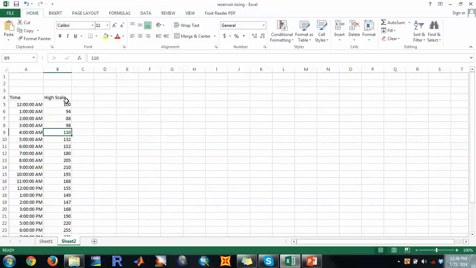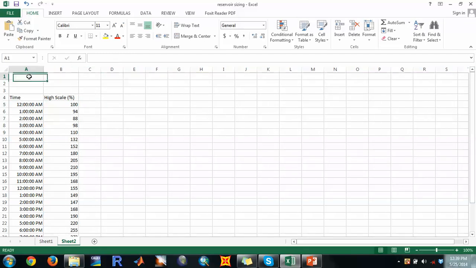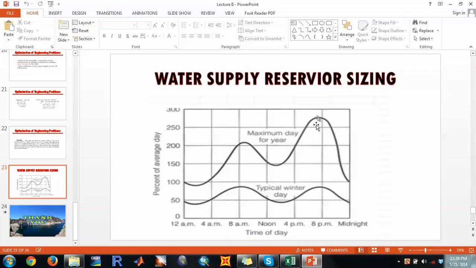This is in a form of percent. So this is a scale in a form of percent. In a form of what percent? It is in a form of the average day demands. So let's consider the average day demand as the maximum demands, or the maximum percentage here.